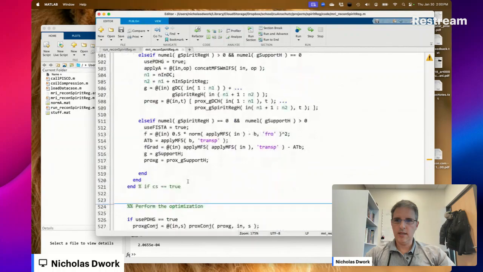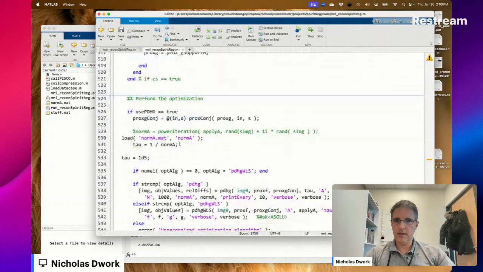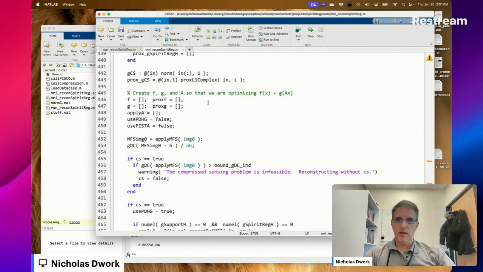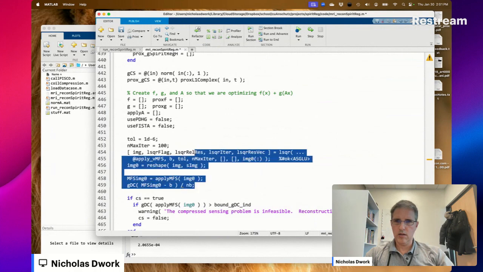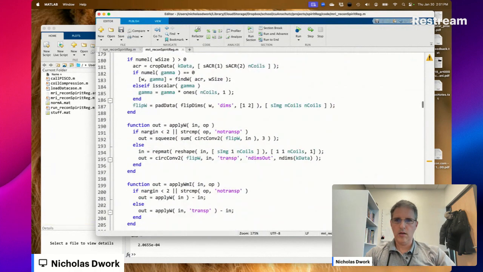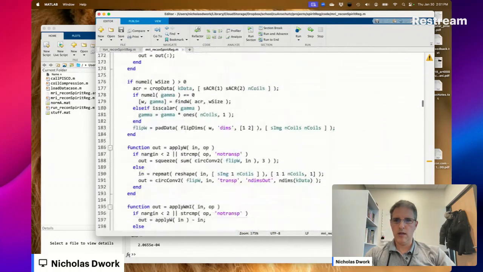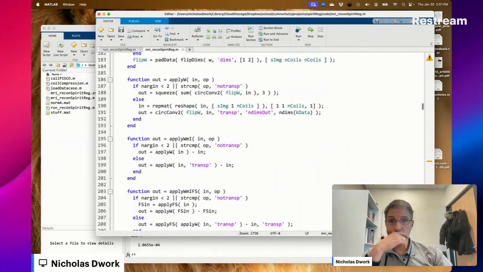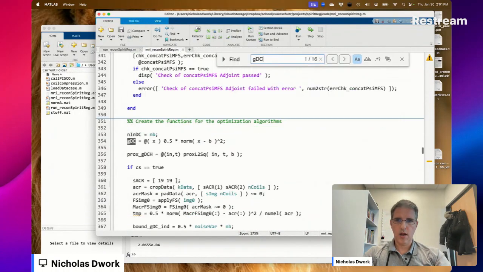This image not. Where is it? It's there. Where did it go? Oh, goodness. Okay.